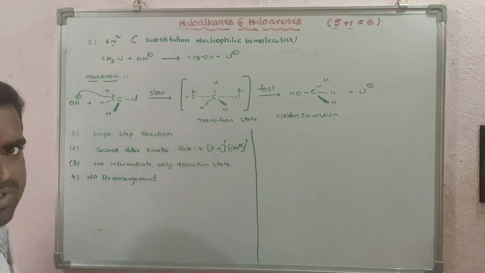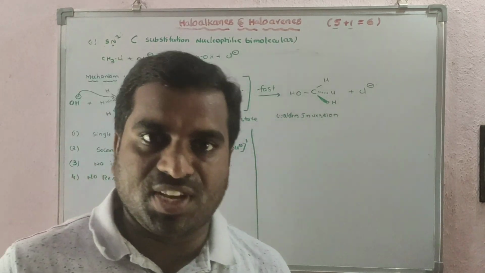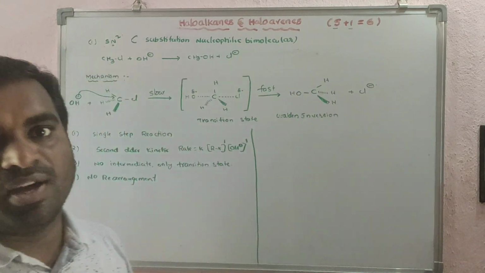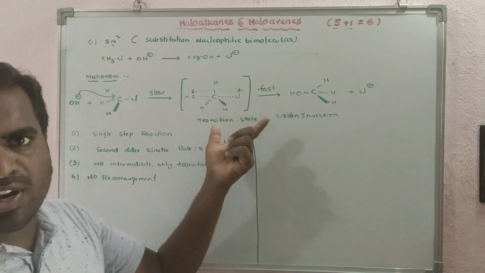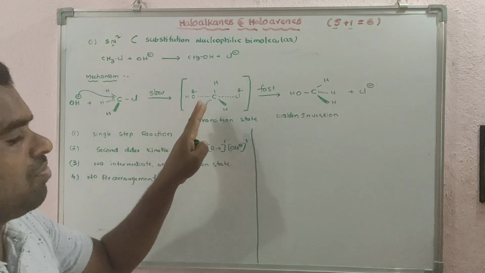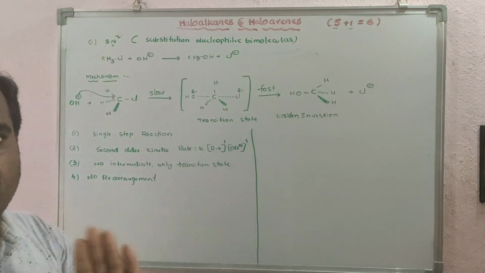If suppose an intermediate is there, suppose carbocation or free radical is an intermediate, then there is a chance of rearrangement in the reaction. But here there is no intermediate, only transition state, so that's why there is no rearrangement in this reaction. We will not observe any rearrangement.